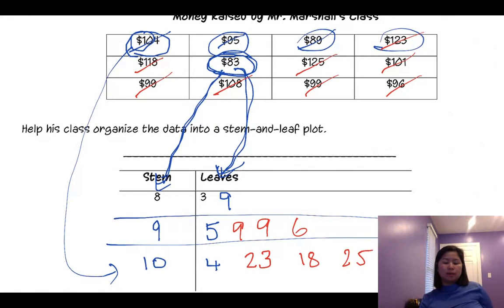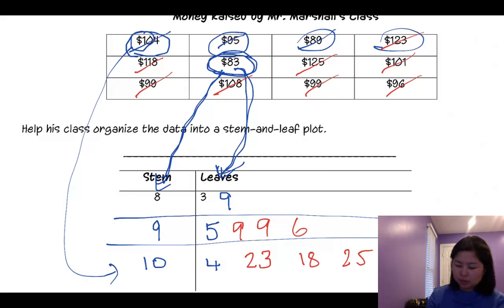So for now, when we do this, it's not in the order. That is fine. You can jot it down, and then we can always rearrange it. Okay. So if we have to do this in order, I can cross this out, and I can redo this in the order that I want. So I can do 5, 6, 9, 9.